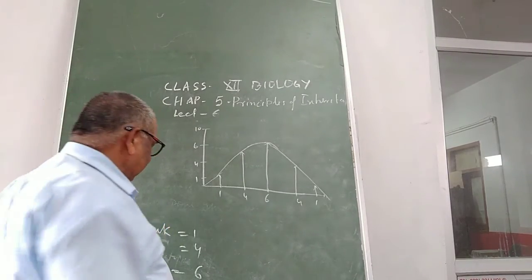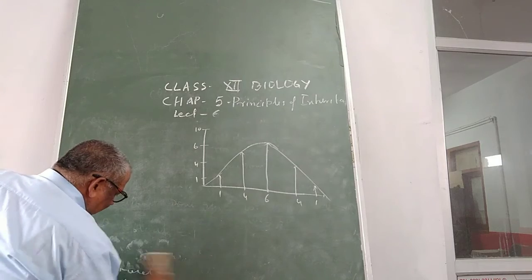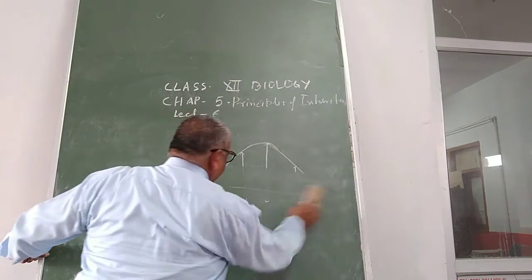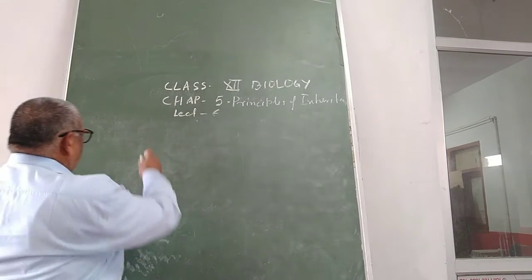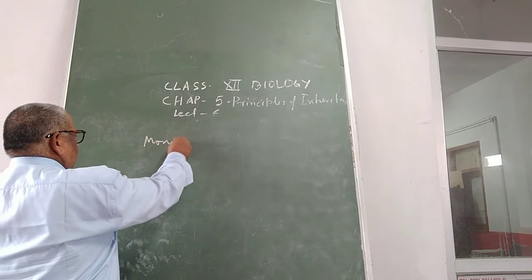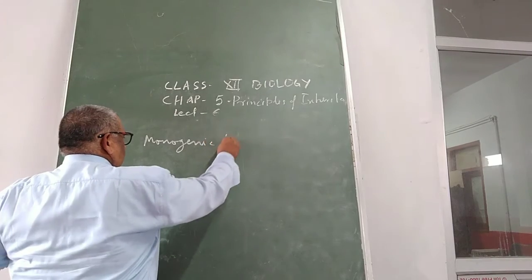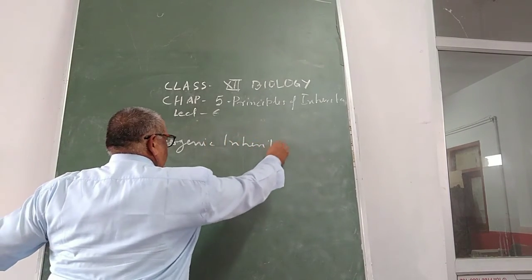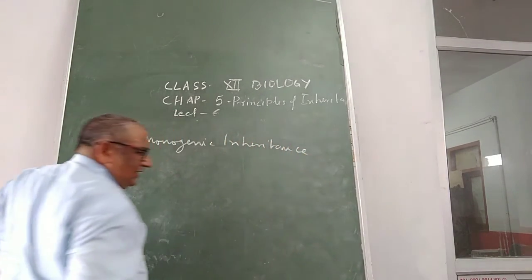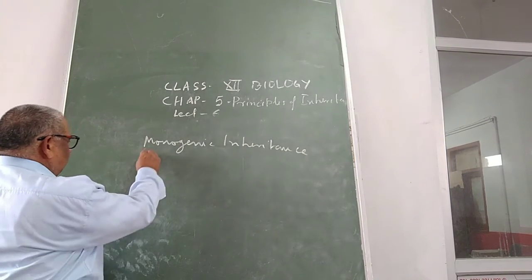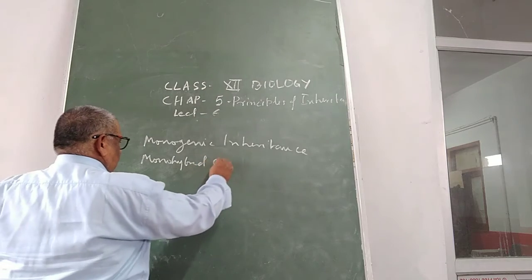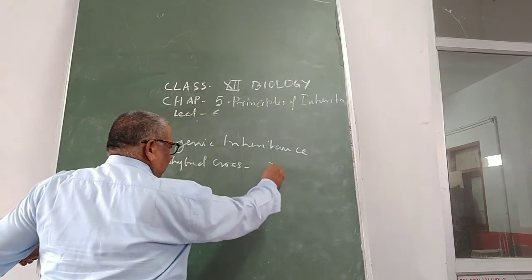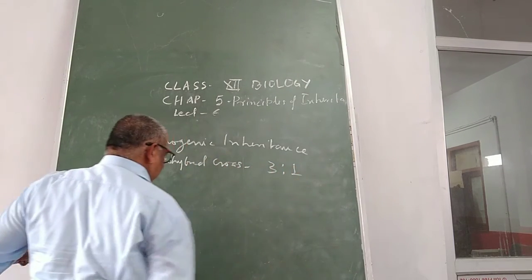So we can say the polygenic inheritance is different from monogenic inheritance. Monogenic inheritance means Mendelian cross, that is, monohybrid cross. In the case of a monohybrid cross, the F2 ratio is 3 to 1.